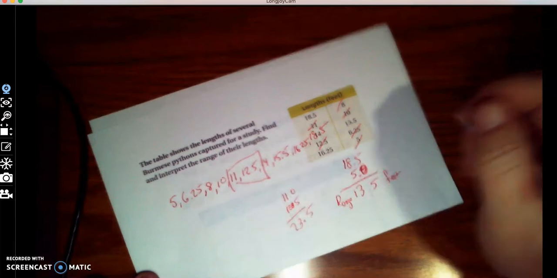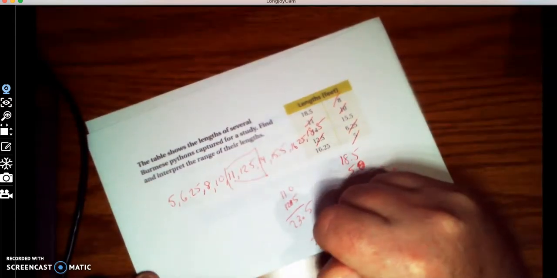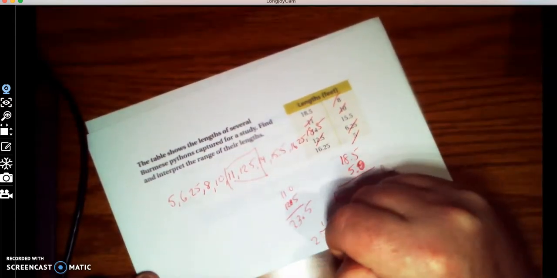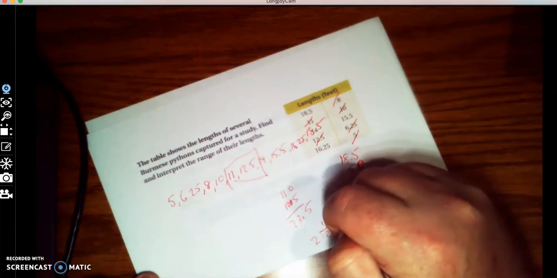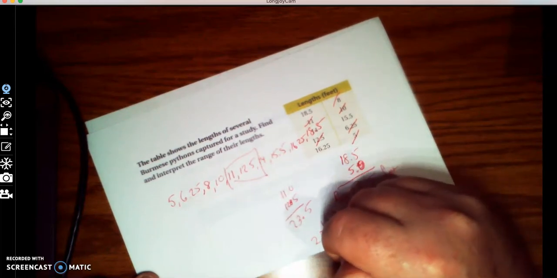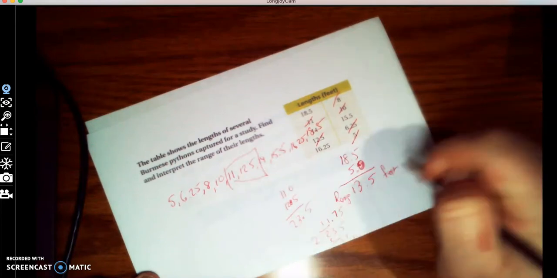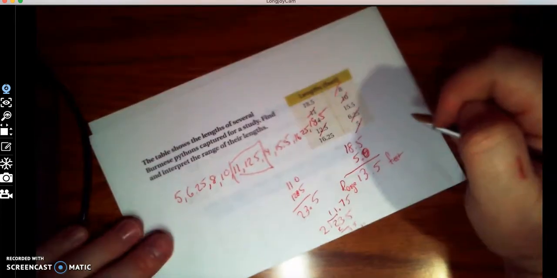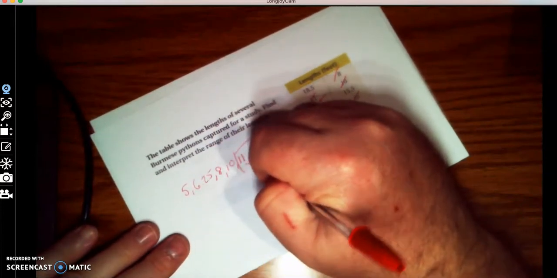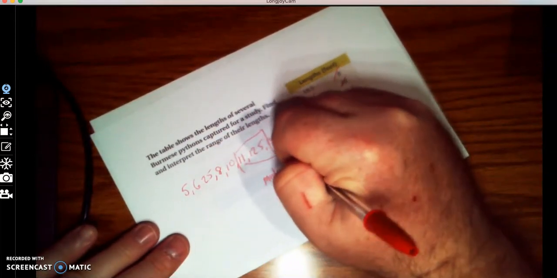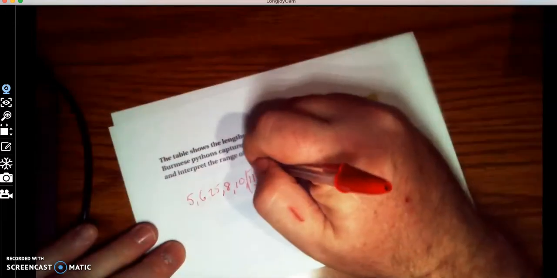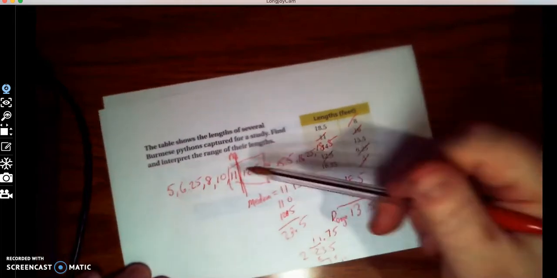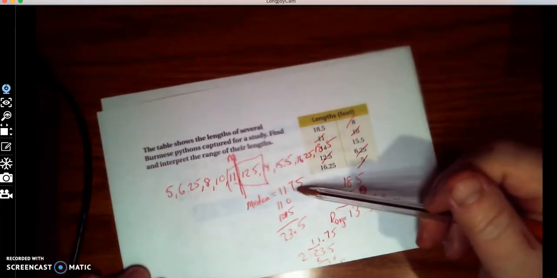Then we're going to divide that by 2, and that would be 11.75. So our median now is 11.75. So what we do right now is we're going to draw our line right there. That's our median. It's somewhere between 11 and 12.5, 11.75, right?